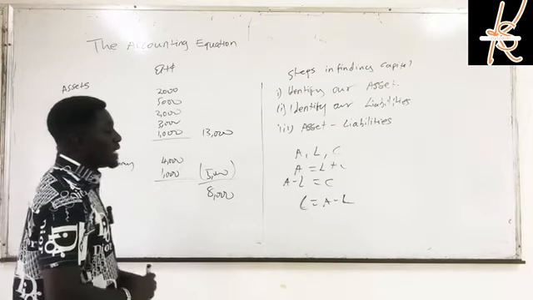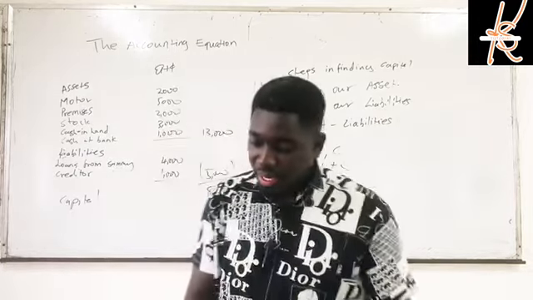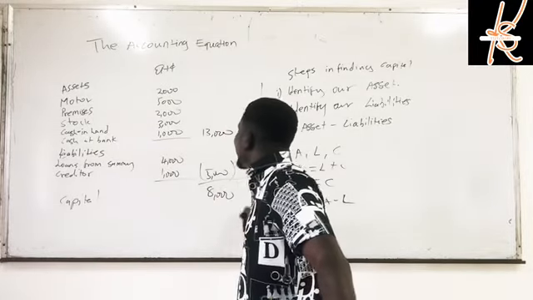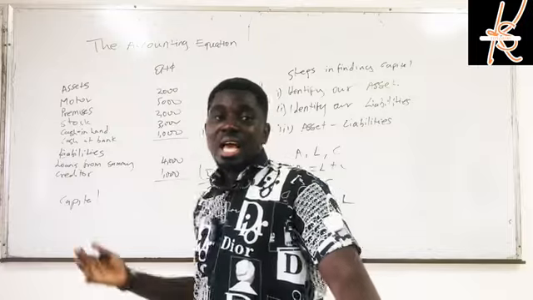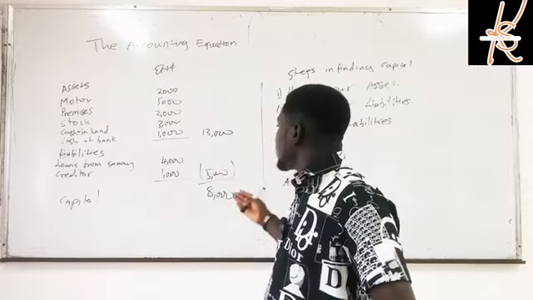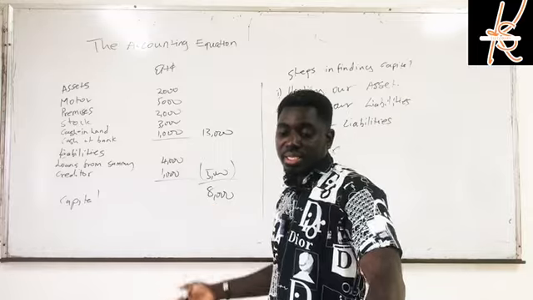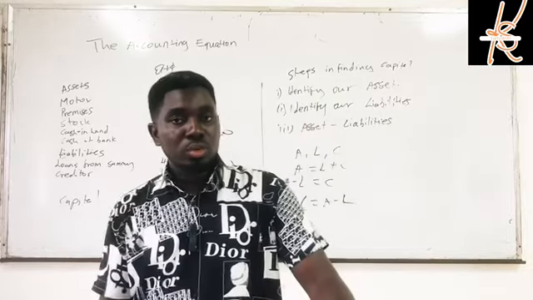Meaning the owner of the company started the business with 8,000 Ghana cedis as his capital. That is what he started the business with. Do we get it?